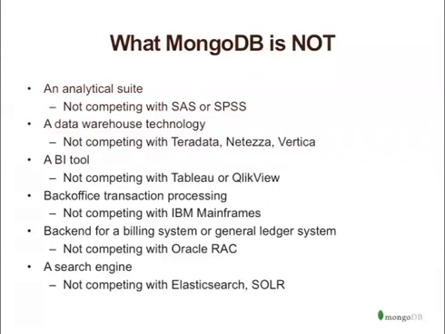And we are not a search engine, meaning that search engines really optimize on the understanding of text and being able to build a text index that allows you to do all kinds of faceted searches, and we'll say a few more things about that. That's not necessarily MongoDB's sweet spot.